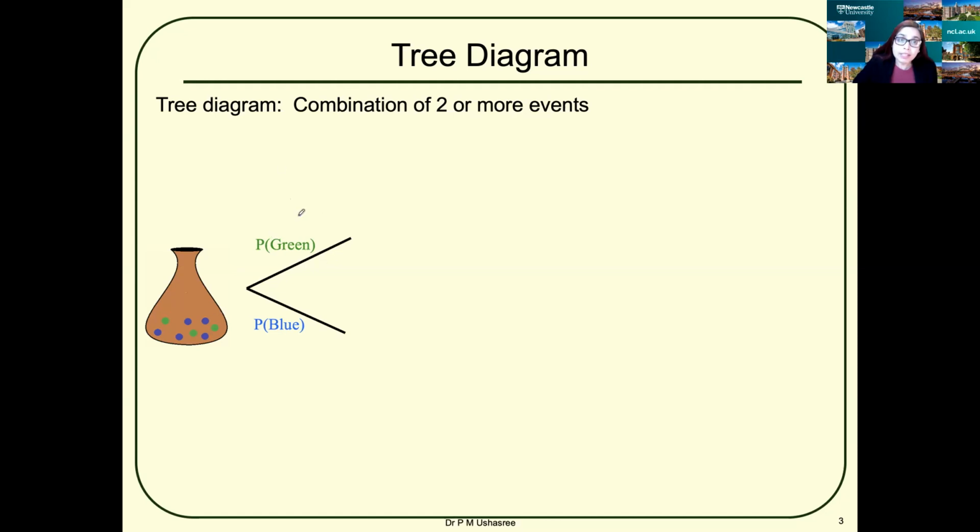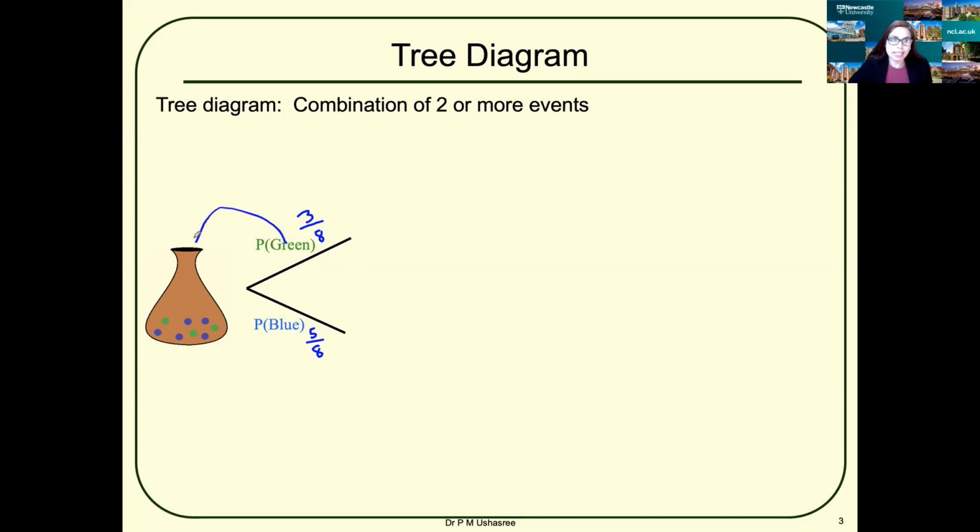So there are 3 ways you can pick the green ball out of the 8 balls. Similarly, what is the probability that you can pick a blue ball? There are 5 ways you can pick the blue ball, so it is 5/8.